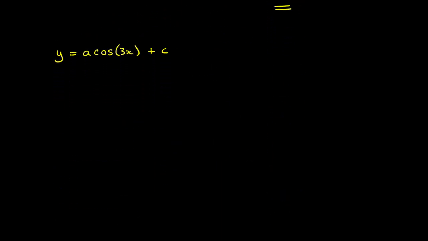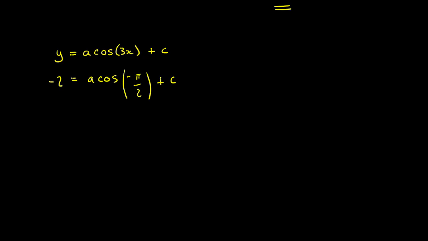If I substitute negative pi by 6, I get a cos of 3 times negative pi by 6. So I get negative 3 pi by 6, and of course, that is the same thing as negative pi by 2, plus c, and the y coordinate for that was equal to negative 2.